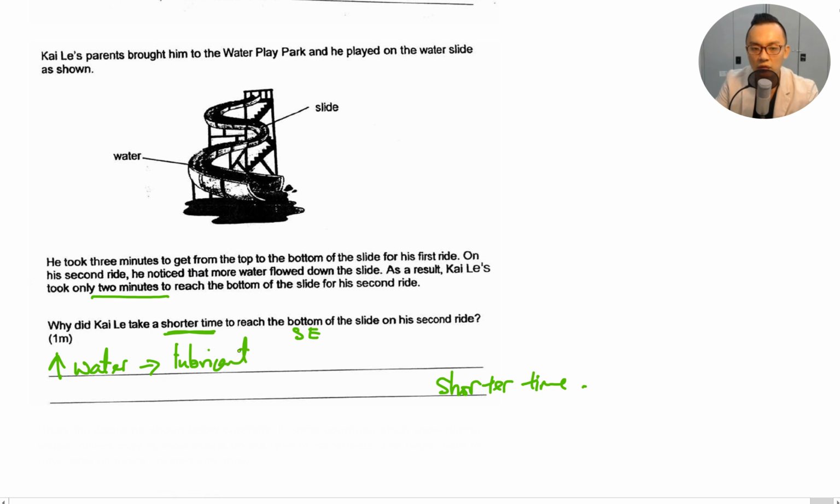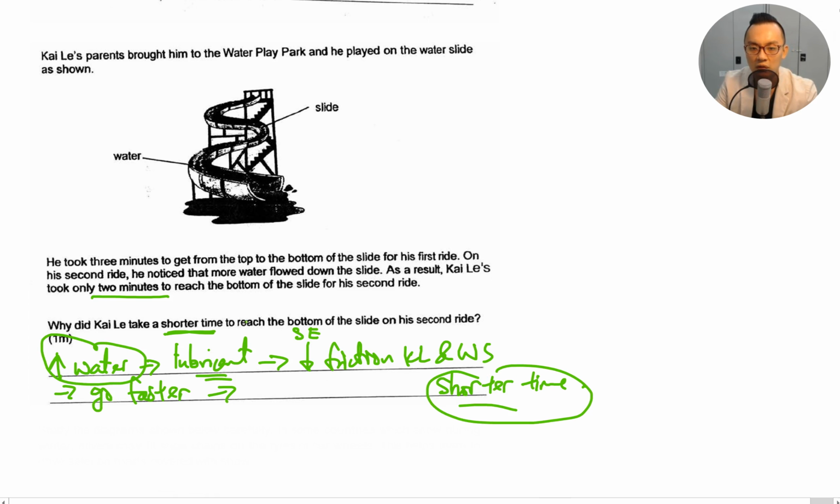All right, this one you have to remember, and because it acts as a lubricant, it reduces the friction between Kyler and the water slide so that you can go faster. All right, so reduce friction, you can go faster, and therefore it takes a shorter time to reach the bottom. Okay, so again, there's an initial condition, there's a final condition, and you have to give your explanation in between as to why this is happening.